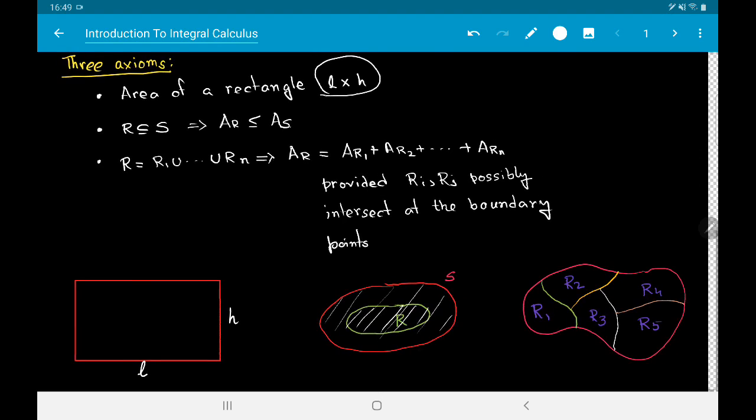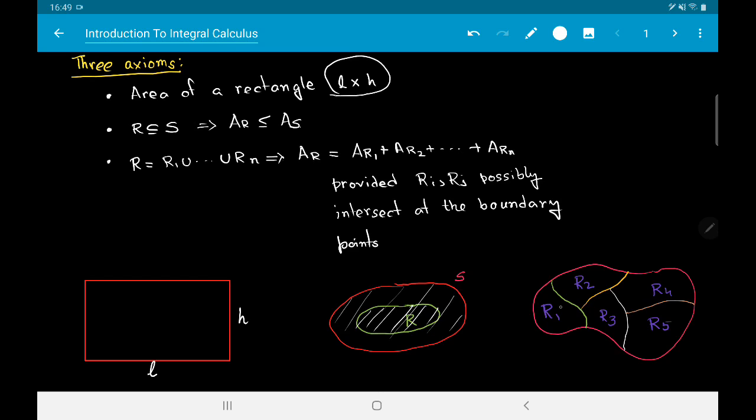The third part says that if I can break a region into several parts, which I have written in terms of union, but it is not exactly the union. If R can be broken into n parts, R1, R2, up to Rn, provided that these regions intersect only at boundary points, then the area of the whole region is equal to the sum of the areas of the smaller regions.